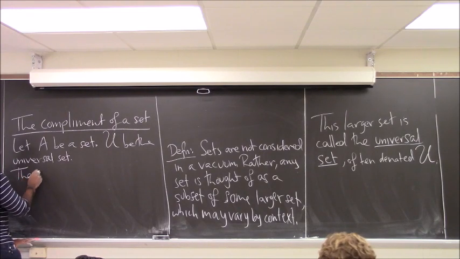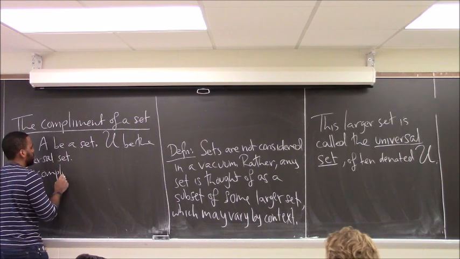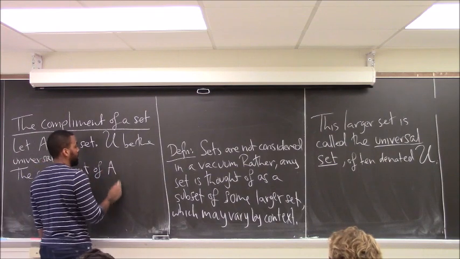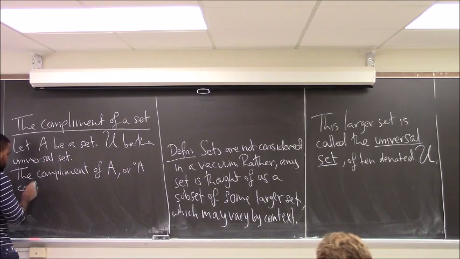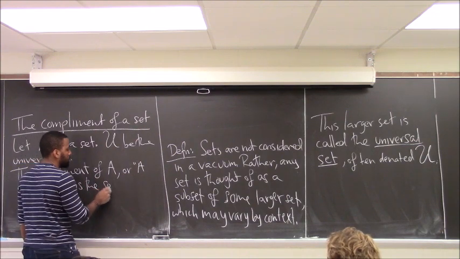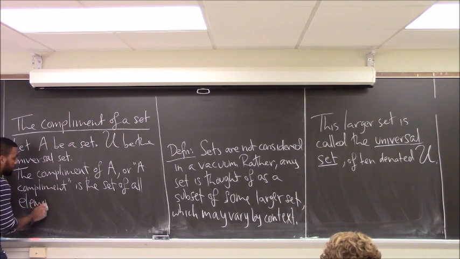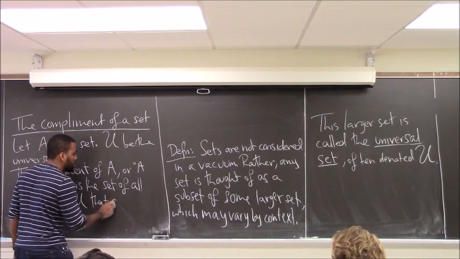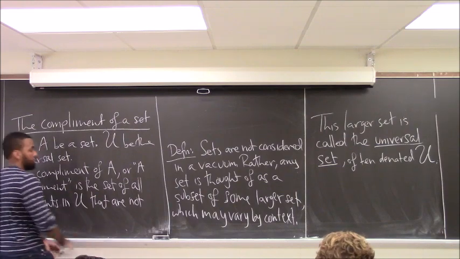The complement of A, or A complement, is the set of all elements in U that are not in A.